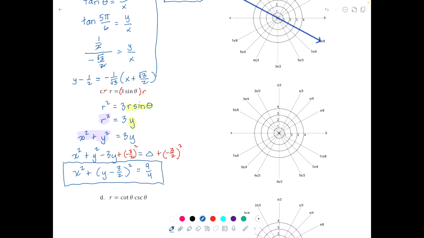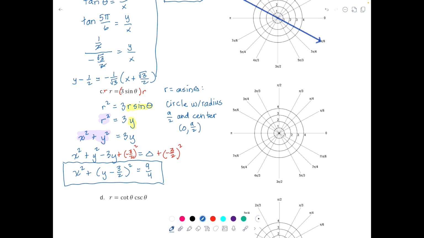We're going to have a circle. So in general, when you have r equals a sine theta, you're going to get a circle with radius a over 2 and center 0, a over 2.